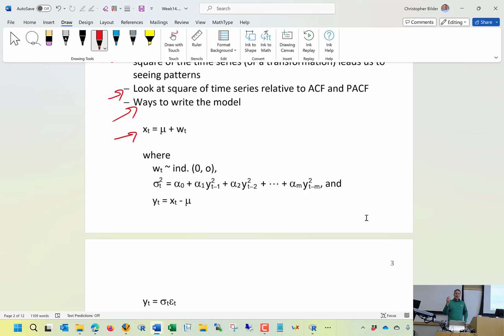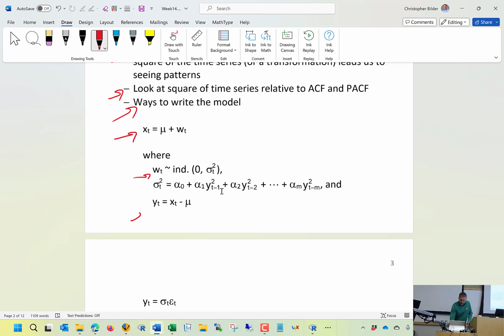So if x of t was just white noise, we would represent it as x of t equals w t, or if we allow for the mean to be different from 0, x of t equals mu plus w t. Where w t is white noise, distributed independent, mean 0, but actually it's not quite white noise. We're going to allow that sigma squared that we normally have there to be dependent upon t. So it allows it to change as a function of time.